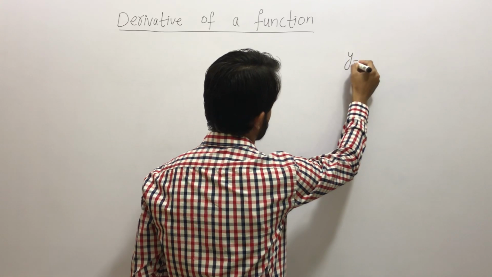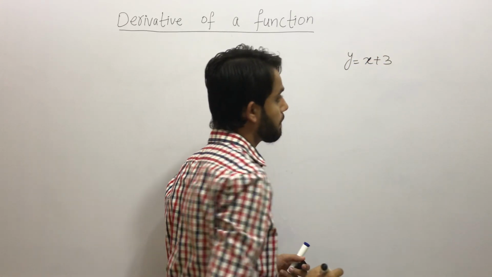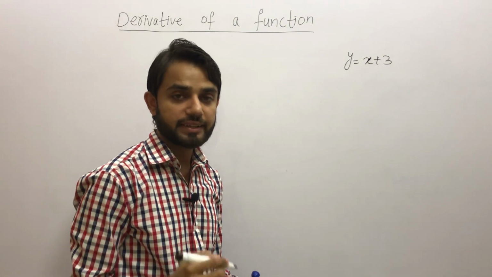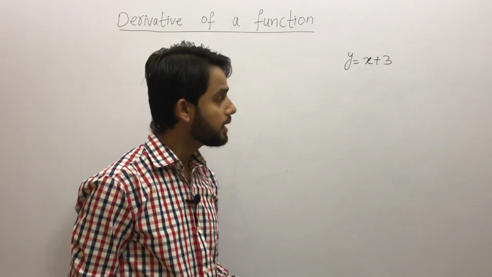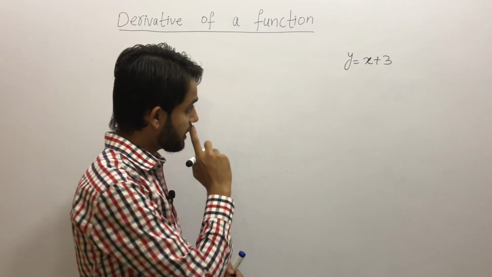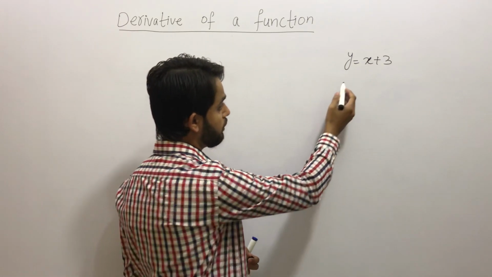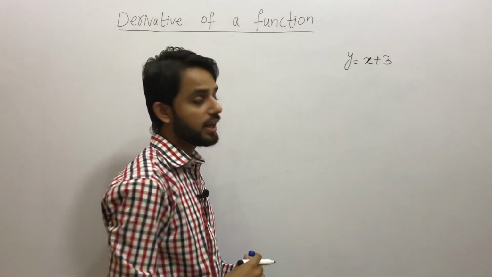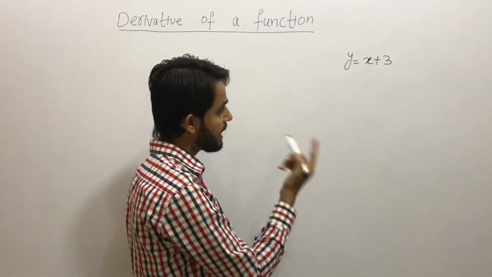I'm going to give you a quick example from which we will understand the basic concept of dependent and independent variable, and that is how you will be able to know about derivative as well. The example that I have taken over here is y equals x plus 3. So I can say that y is a function of x.